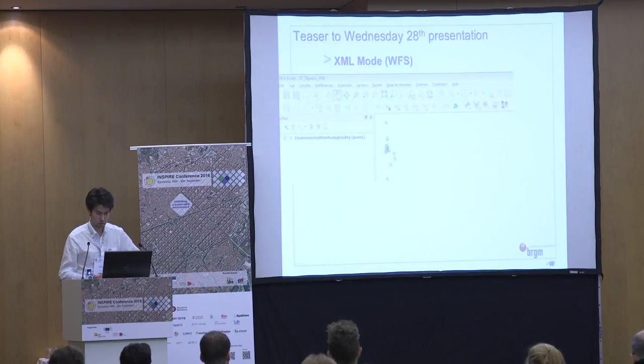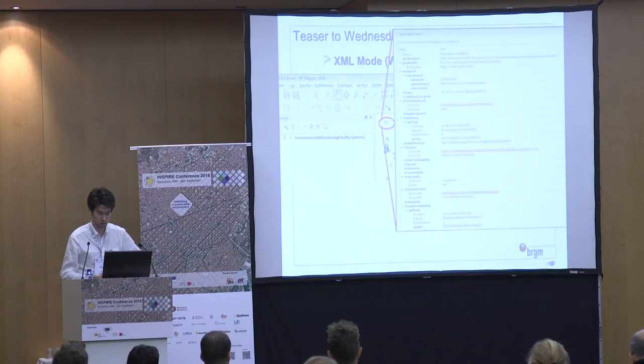So this QGIS plugin will be presented on Wednesday in the Inspire conference, but I will give you an overview of it. We have 2 modes. Basically, we have here an XML mode. In fact, we can load the data, and if we click on a point, we can see the XML.